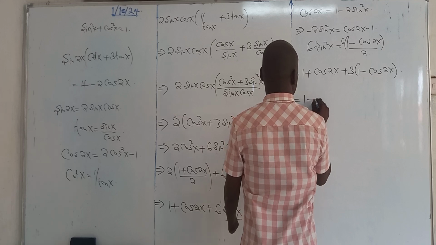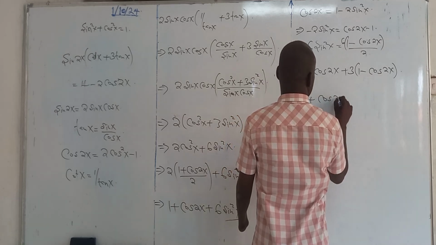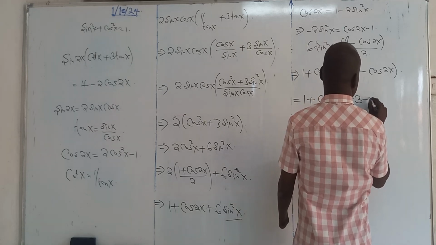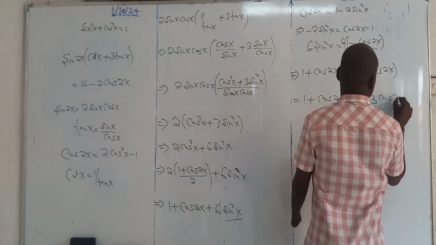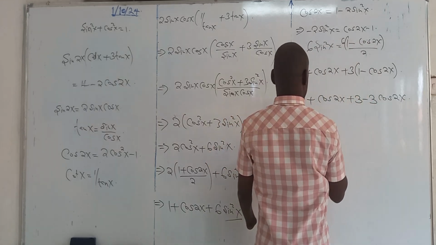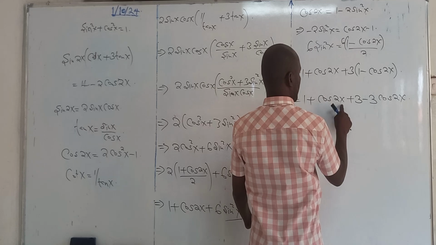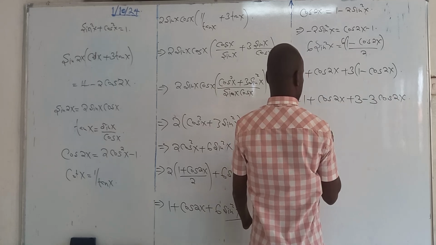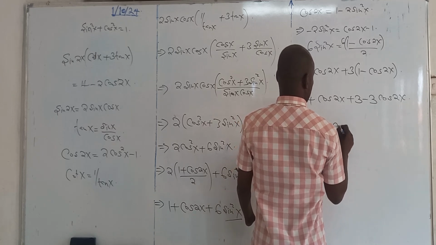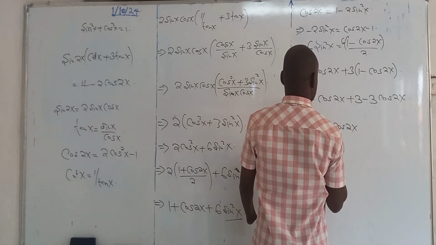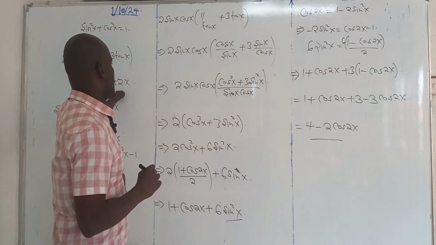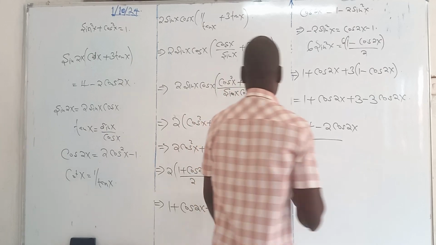This is 1 plus cos 2x plus 3 minus 3 cos 2x. Collecting like terms, this plus this gives me 4. Cos 2x minus 3 cos 2x becomes minus 2 cos 2x. And that's our answer.